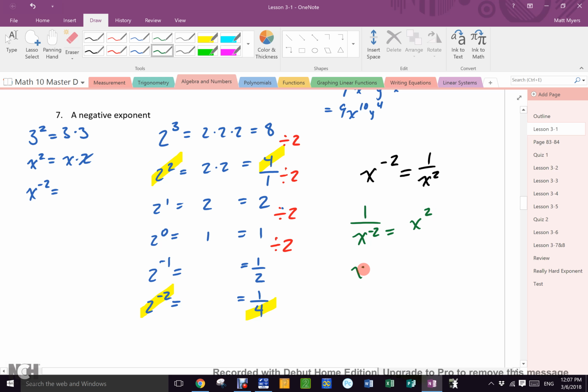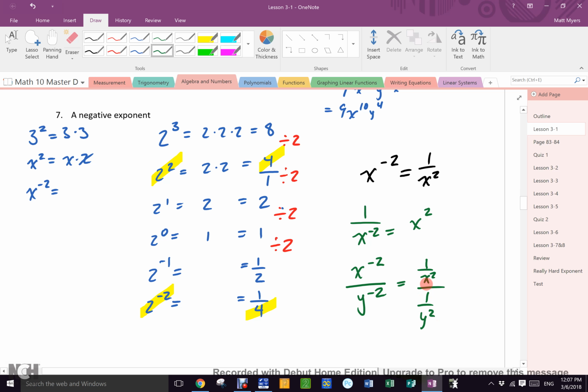Now put it all together. What is x to the negative 2 over y to the negative 2? Yes? 1 over x squared over 1 over y squared?